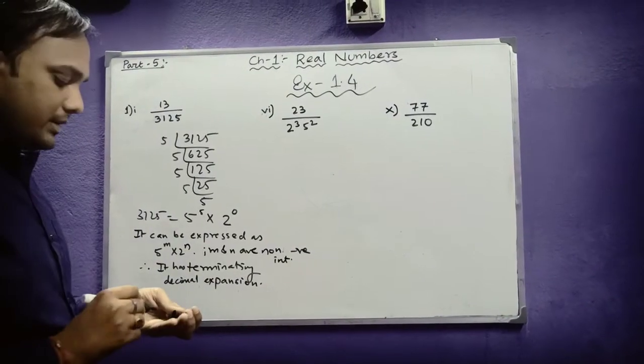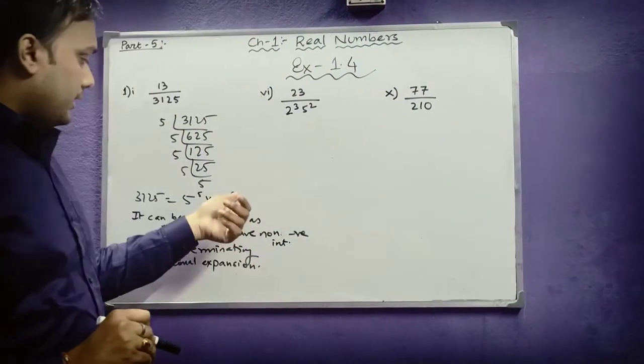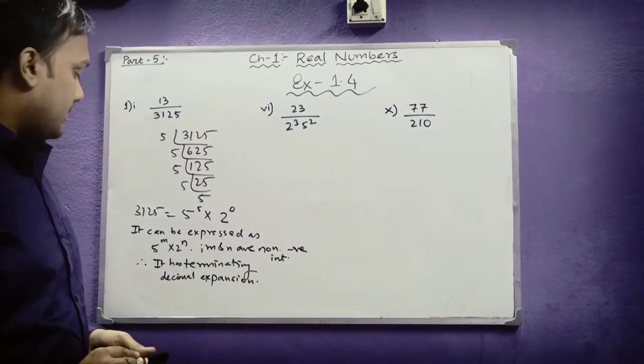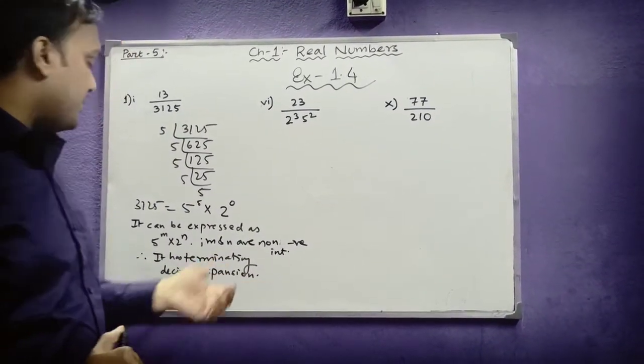Non-negative integers can also be 0, and here it is 0, so it actually satisfies the theorem. So we can say that it has a terminating decimal expansion.